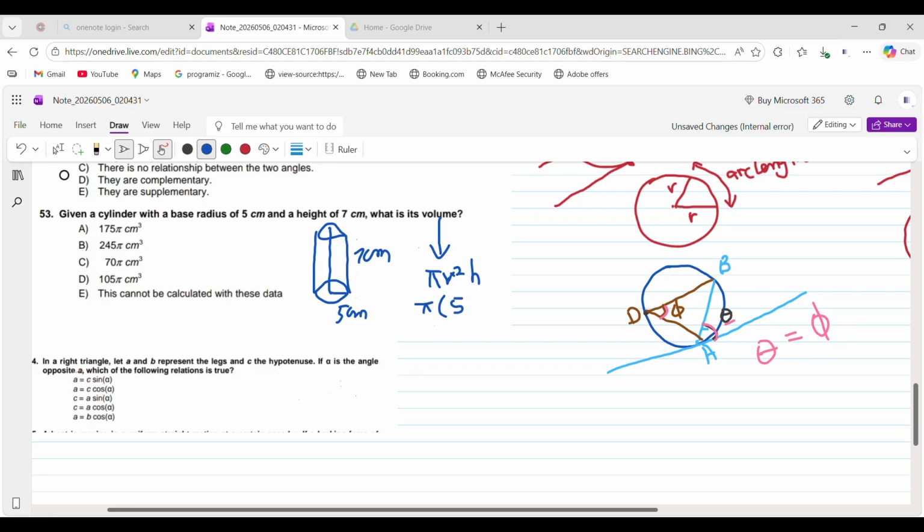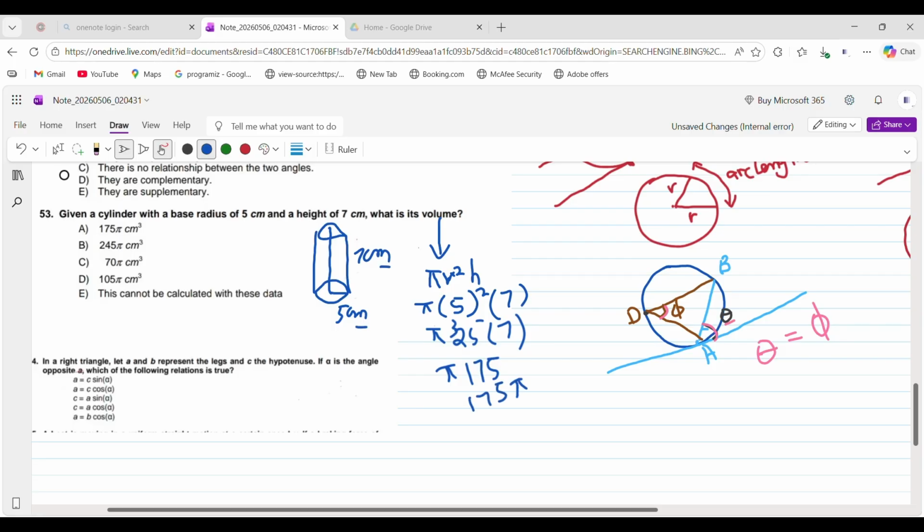So pi, instead of r, you can put its value now, 5 square. H we have is 7. So pi, 5 into 5 is 25 into 7. So pi, 7 into 5 is 35 basically. 7 twos are 14. 14 plus 3 is 17.